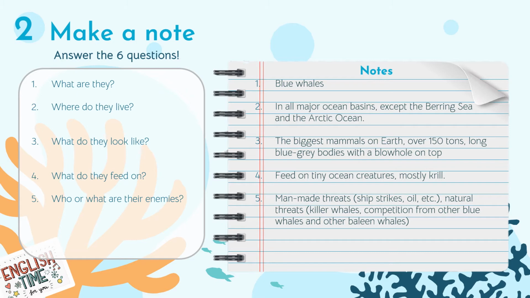Man-made threats that they have, for example, are ship strikes, oil, etc. And natural threats that they face are killer whales, which are their predators, competitions from other blue whales and other baleen whales.